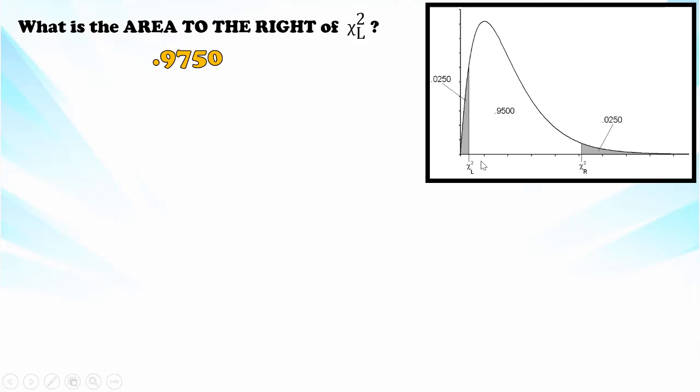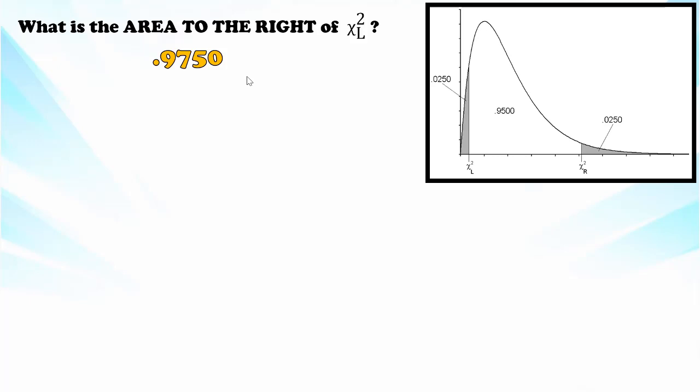If we look up here on the graph, you might see my cursor on the screen. We're coming from this chi-square L value, and we're going to the right. So how much area is under the curve to the right? Well, we have this 0.9500, and also this right-hand tail, 0.0250. And if you add these two together, that's where this 0.9750 comes from.